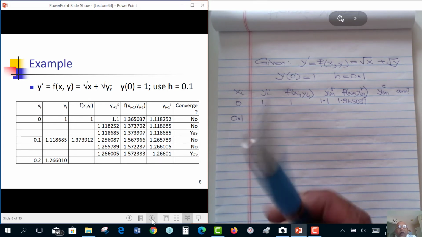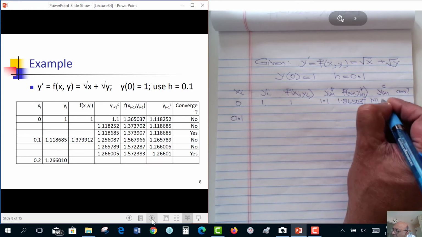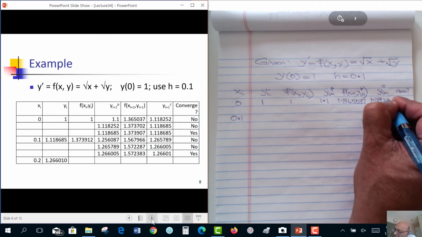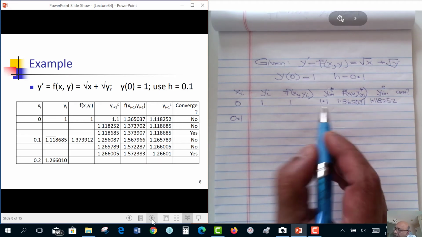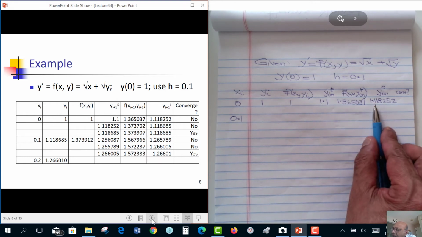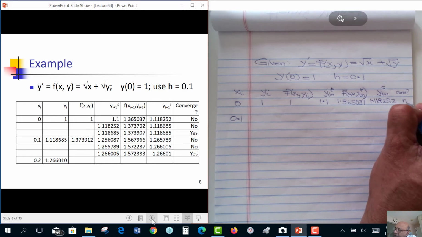So we will get 1.118252. So you can see that we are matching one correct decimal digit right now. So let's say we are not converged.